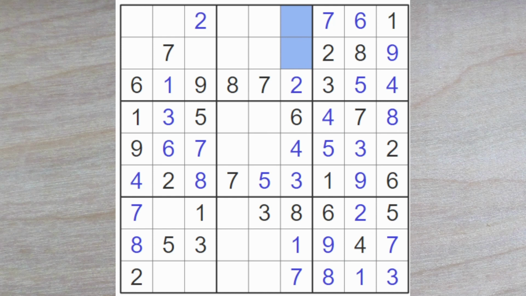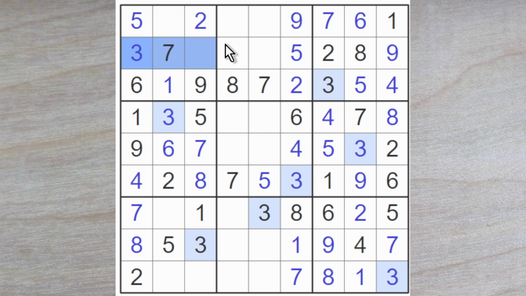This column just needs a 9, which can't go here because of this 9, and a 5. This 5 blocks over, this 5 blocks up, therefore this is a 5. And we remember the other digit here, right? That was a 3, it needs to go here.